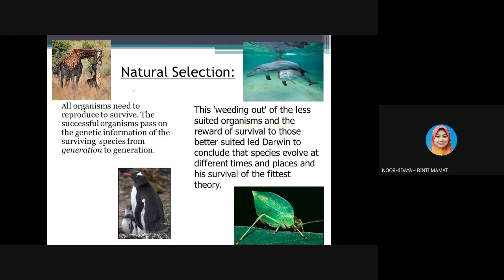For example, this weeding out of the less suited organisms and the reward of survival to those better suited led Darwin to conclude that species evolve at different times and places, and his survival of the fittest theory. So this is also what we know as natural selection.